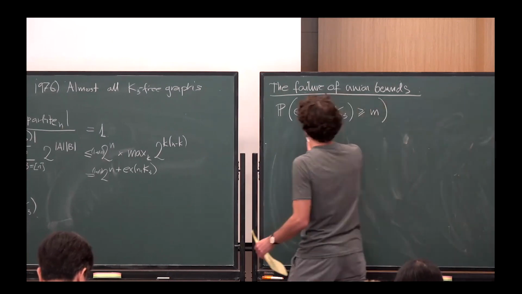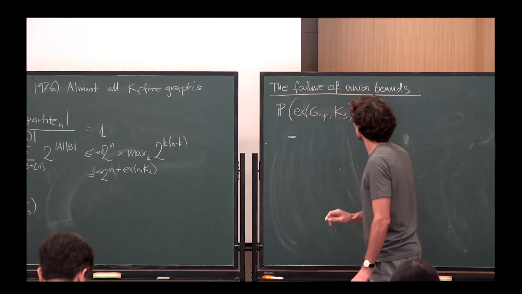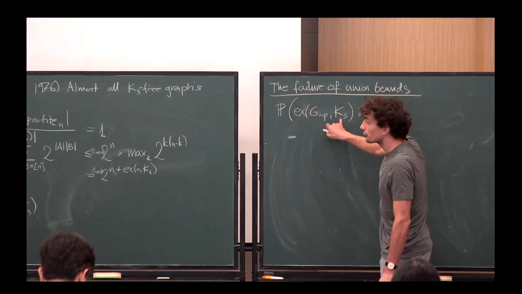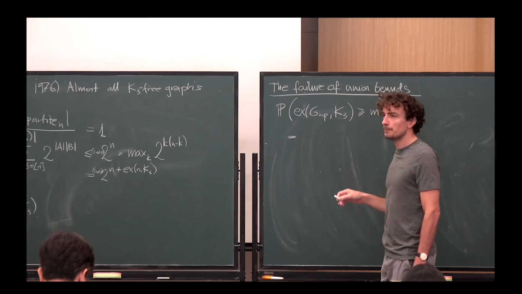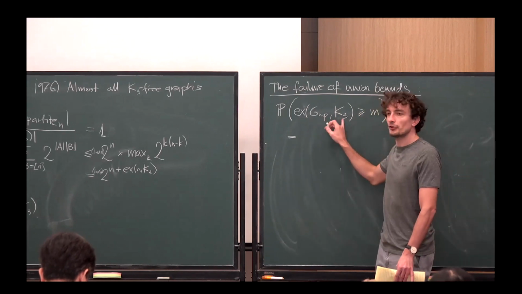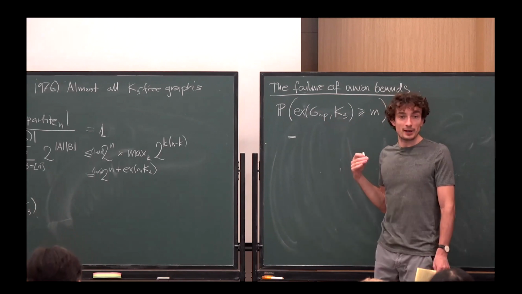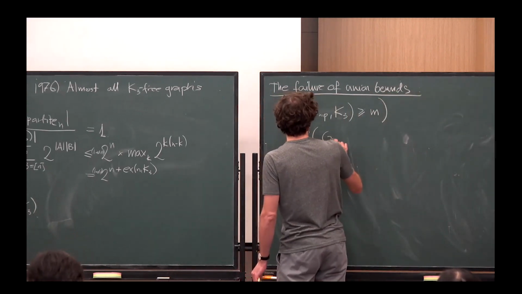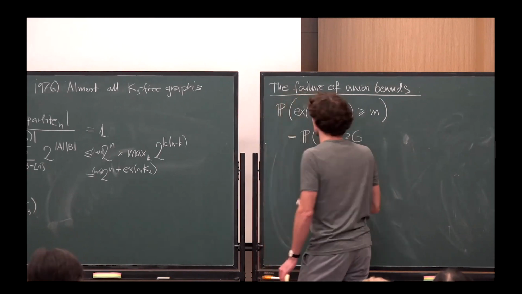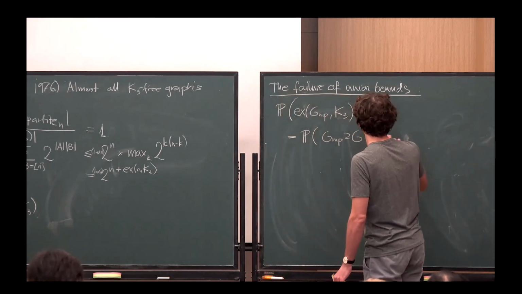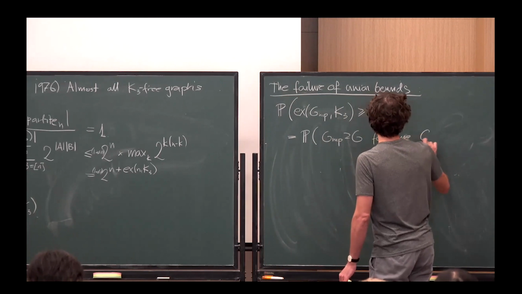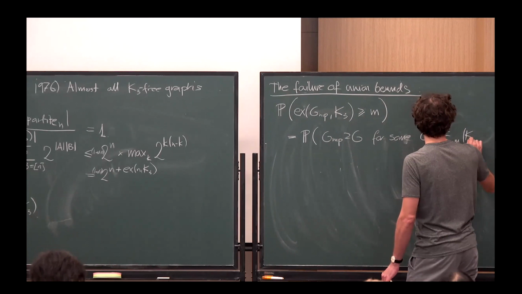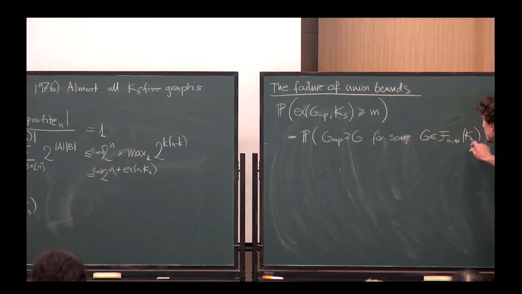Now, what does it mean that the extremal number of the triangle in G(n,p) is at least n? It means that G(n,p) contains a triangle-free subgraph with n edges. So this is the same as saying G(n,p) contains a subgraph G, which is triangle-free and has n vertices and n edges.